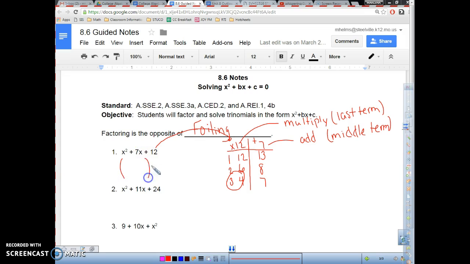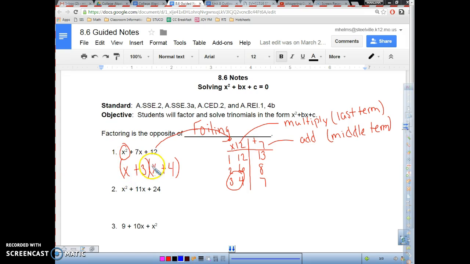So you write your answer in two parentheses. And remember when we were foiling that each parenthesis normally had just an x in it. Well, the reason why is because you say, what will multiply to give you x squared? And so it's x times x. And now that you know that the numbers are 3 and 4, you do plus 3 and plus 4. To verify that this is correct, you FOIL it.